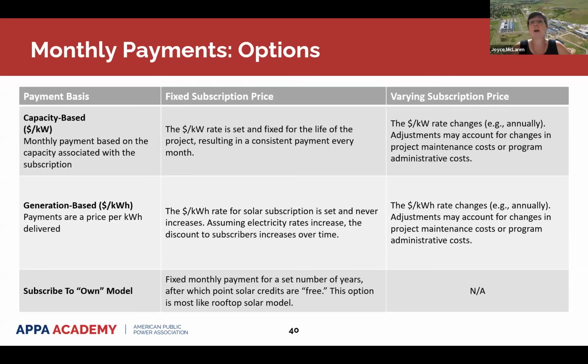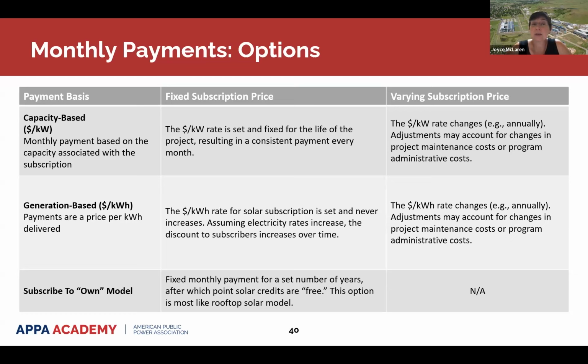But if there are any unanticipated maintenance costs, you could choose a varying price in the contract. You would say this price can vary up and down by a certain percentage or something like that, to give yourself a little bit of wiggle room on the subscription. But in general, the subscription price is going to be something that they can anticipate and know what they're going to be paying every month.